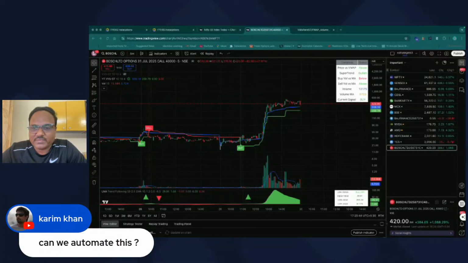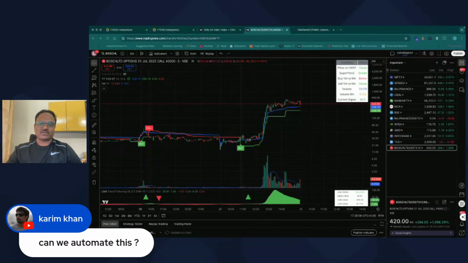I'm actually working with one of the brokers. I'll let you know a little later. They were looking at exposing some of the indicators as APIs. So once you have that, automating some of these things would be a lot easier. I already have access to the indicators, but I did not get time to code.